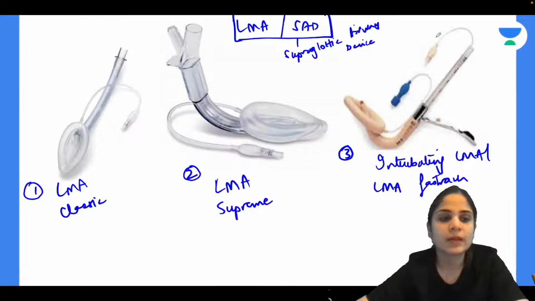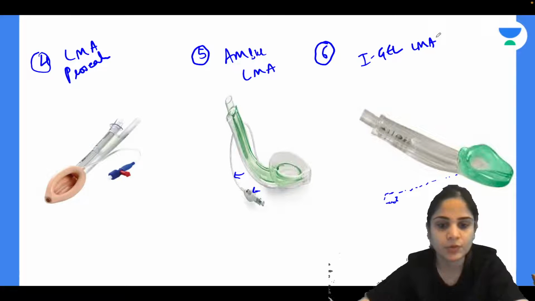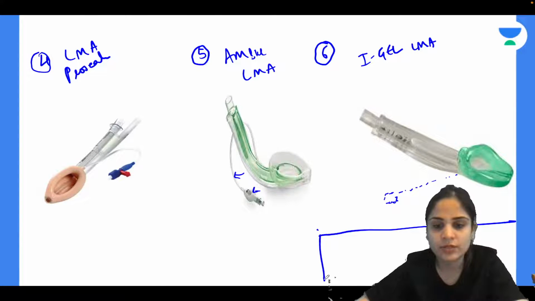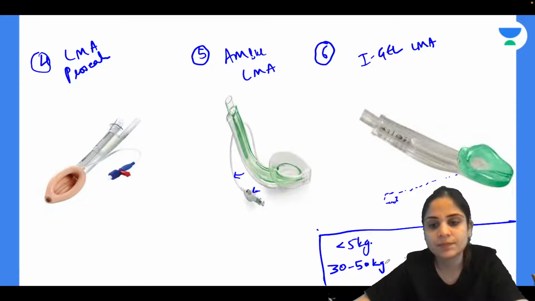Alright, now you need to know the peculiar properties of each of these LMAs and you need to know the sizes of LMAs used. Okay, so if we talk about the sizes of LMAs, first of all you need to know the weight and the weight wise size. So in the smallest size human being, in a newborn who is less than 5 kg, we use size 1. Okay, then the next size that you need to remember is size 3, that is used in 30 to 50 kg person.